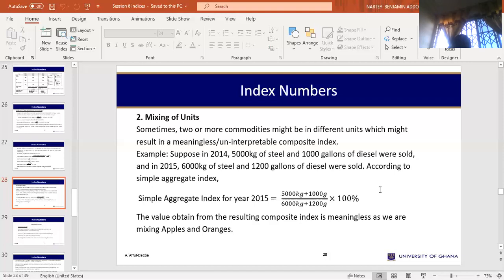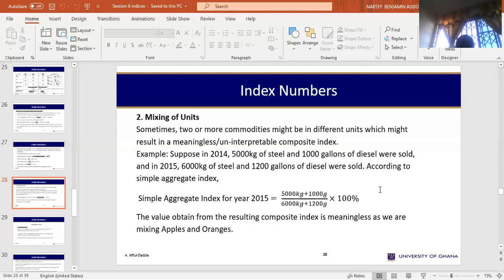For example, suppose in 2014, 5,000 kilograms of steel and 1,000 gallons of diesel were sold.